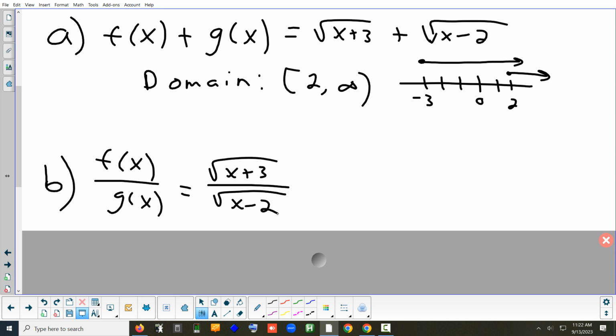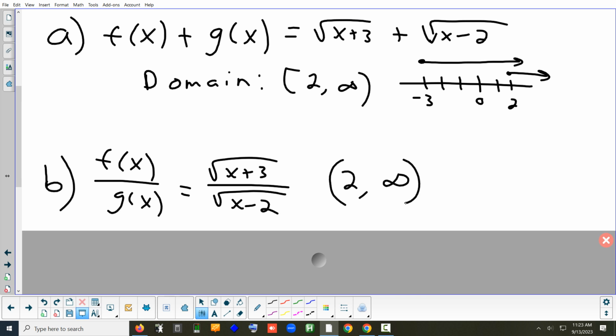So the domain here is still the overlap of the 2, but we created a fraction. Fractions have one other thing you have to be careful about, and that is you can't divide by 0. So you can pick numbers as low as 2, as high as infinity, but you cannot include 2, and you can't include infinity. That's your domain this time.